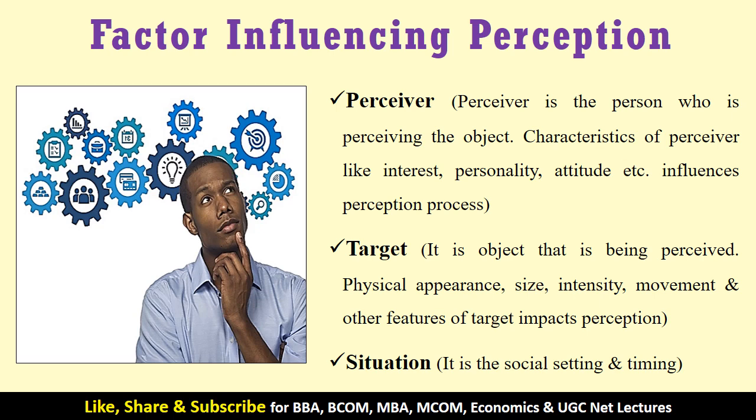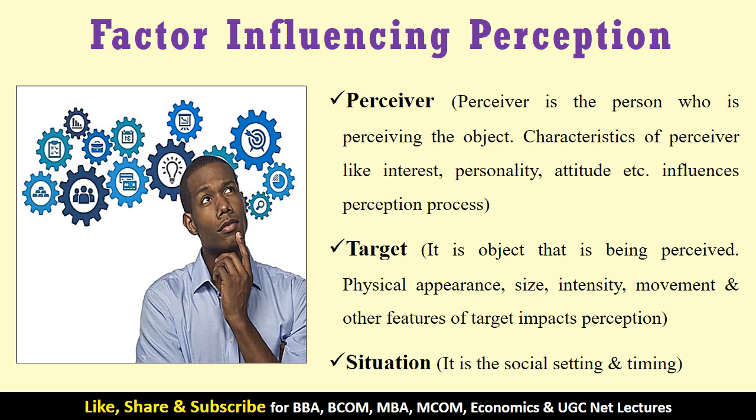The characteristics of the perceiver include his attitude, motivation, interest, and past experiences. So all these characteristics influence the perception process from the perceiver's point of view. Then the target is the object that is being observed or perceived. The physical appearance, the color, the contrast, the movement of the target influence the perception of the perceiver.